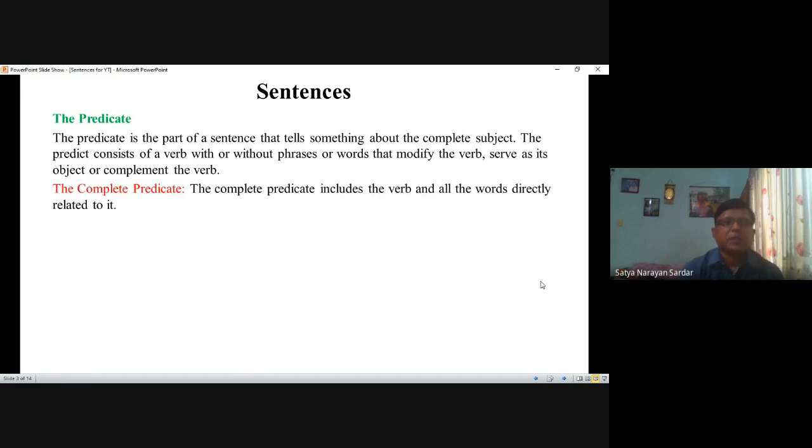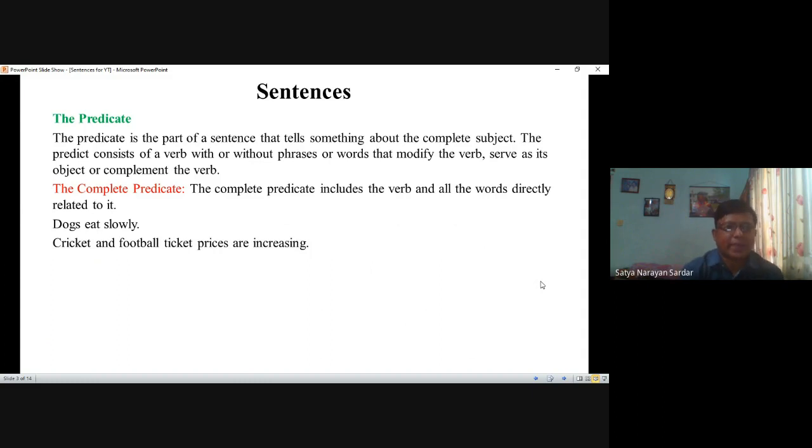Here, the complete predicate. The complete predicate includes the verb and all the words directly related to it. Here, dogs eat slowly. In this sentence, dogs subject, eat slowly can be called as predicate.